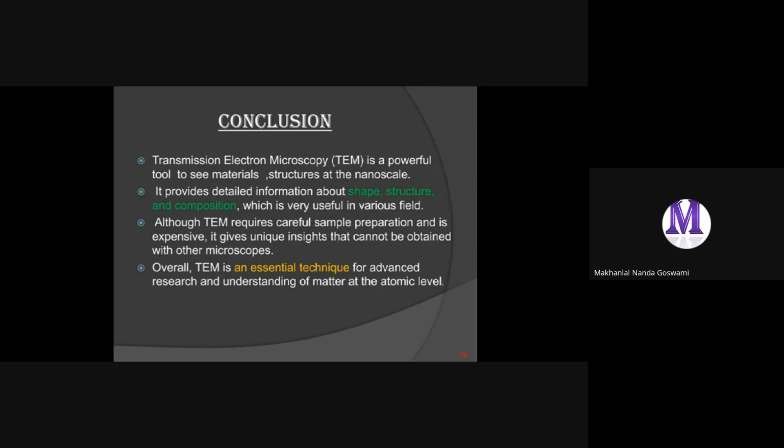TEM can show the inside details of tiny objects like cells, viruses, materials, at very high magnification and resolution. However, TEM requires special and careful sample preparation. TEM can damage delicate samples and usually shows black and white images. Despite these challenges, TEM is a valuable tool in science for seeing the smallest details and learning more about the world at nanoscale.